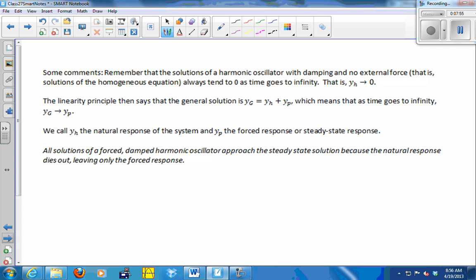So the linearity principle says that the general solution to the non-homogeneous is the sum of the general solution to the homogeneous, which we know goes to 0, plus a particular solution to the non-homogeneous. That means the general solution has to approach the particular solution as time goes on.